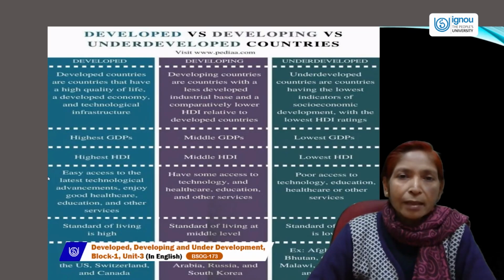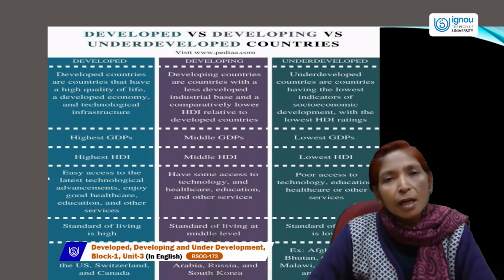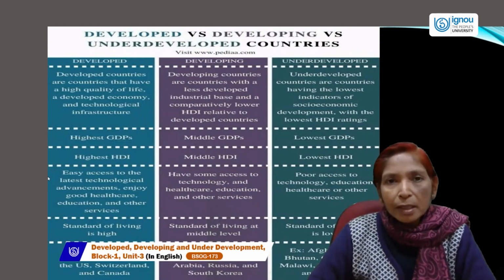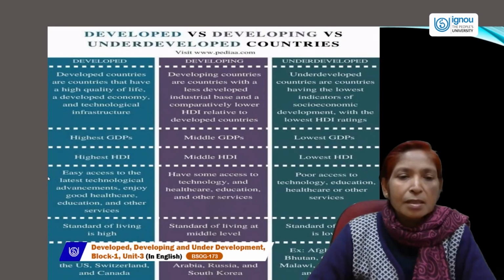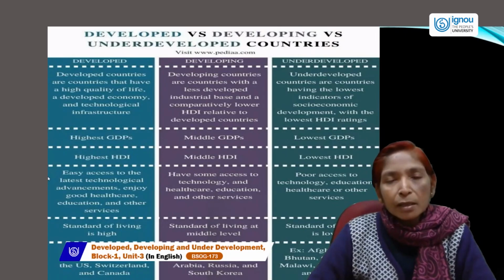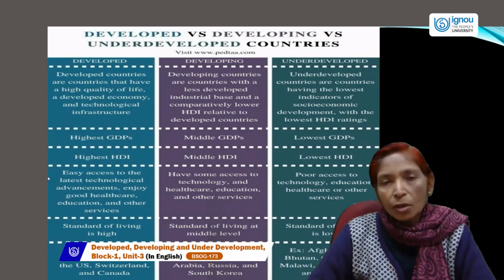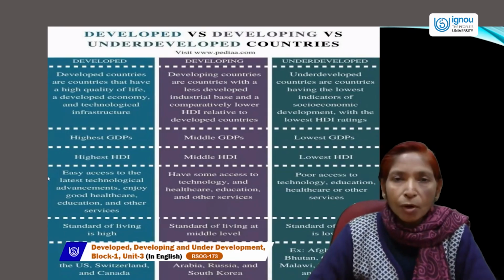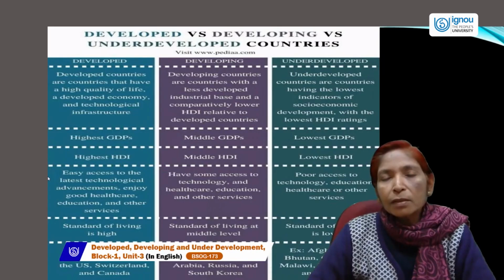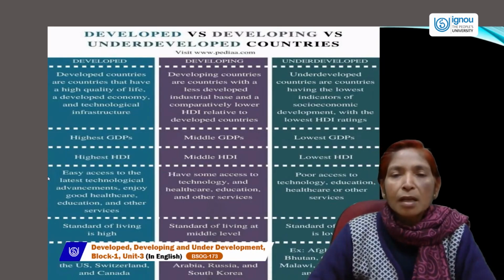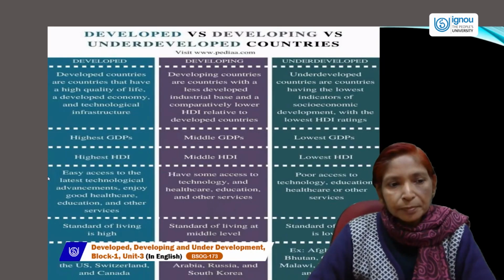If all these sectors contribute more to the production of goods and services, then GDP will remain higher. So in developed countries, GDP is always higher. In developing countries, GDP remains moderate, not higher, not lower. In underdeveloped countries, GDP remains always lower.